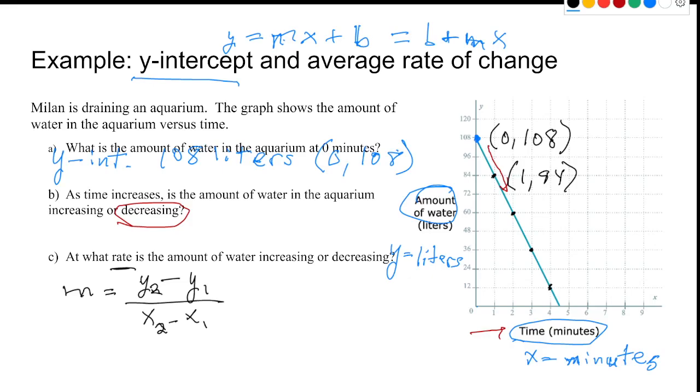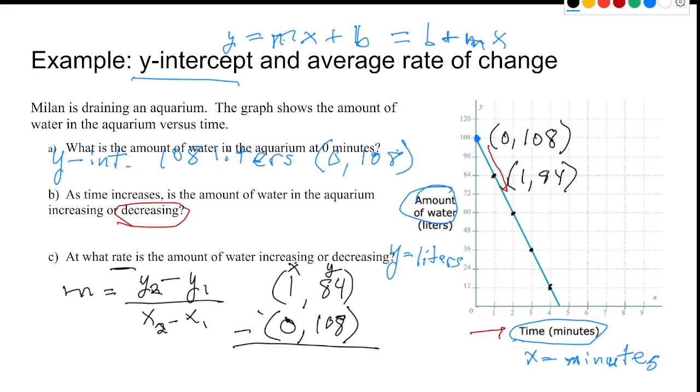I'm going to put the second point here, 1, 84. And then below it, I'm going to write the other one, y1. I remember that the first one is my x values, the second one is my y values. I subtract the points one from the other, point by point.